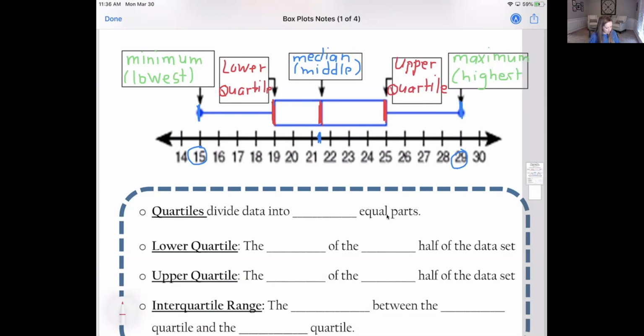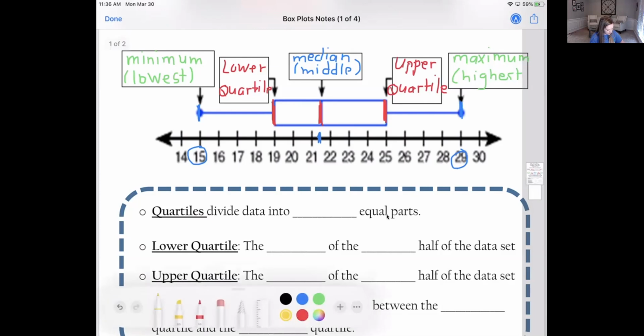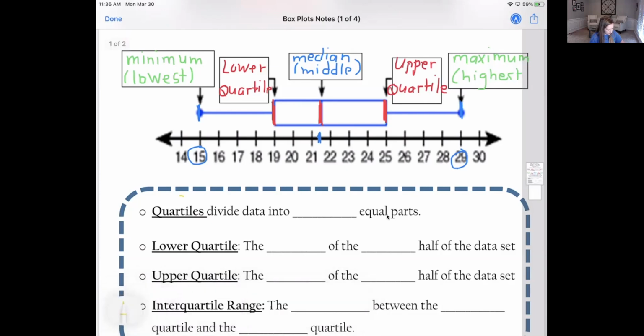That being said, what is a quartile? You'll notice that quartile starts with the prefix QUAR. Other things that start with that are quarter or quart. There are 4 quarters in a dollar, there are 4 quarts in a gallon. So that is a prefix that means 4.